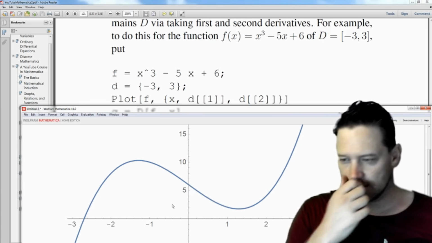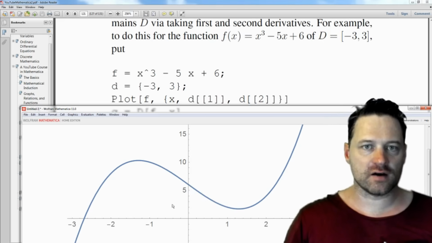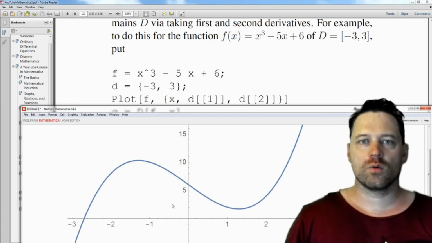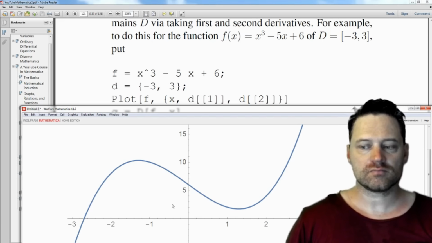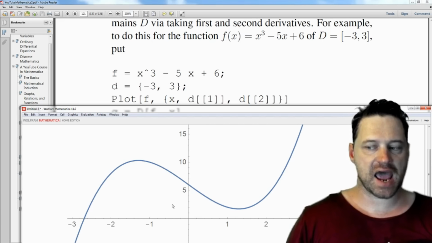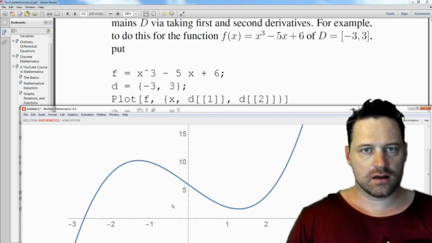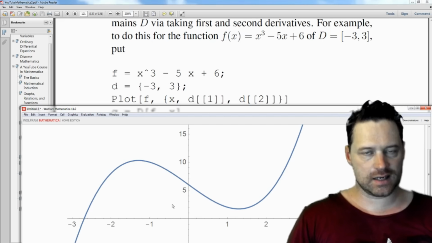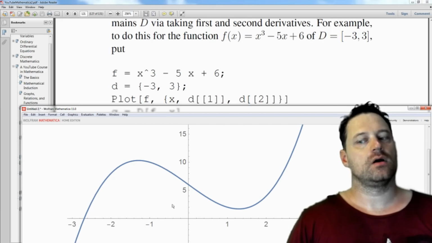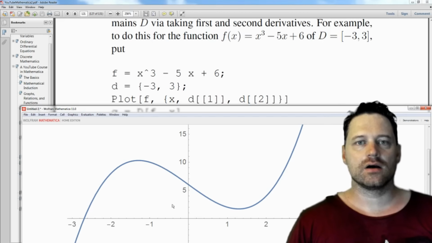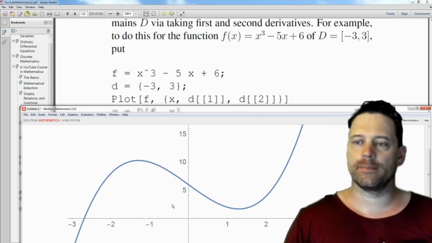Well, the derivative of the first derivative, meaning the second derivative, if that is positive, that means that the slope of the function is increasing as x is increasing. So a positive second derivative would indicate a local minima. And likewise, a negative second derivative would indicate a local maxima.